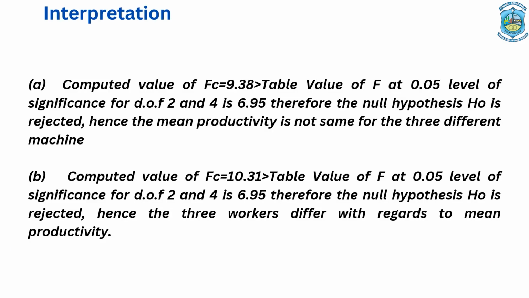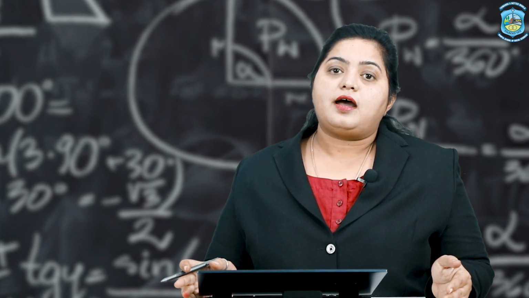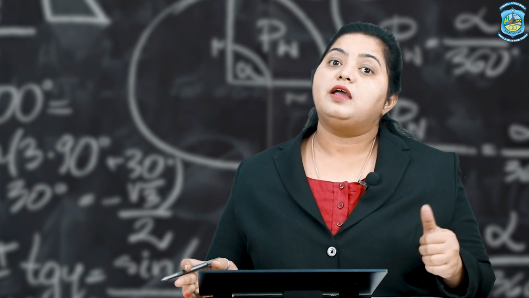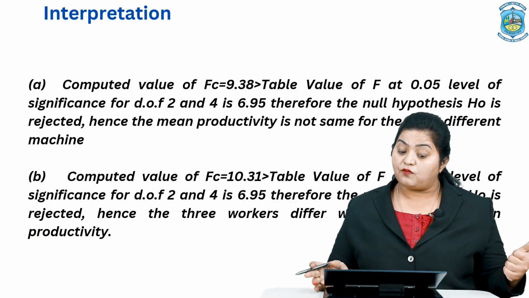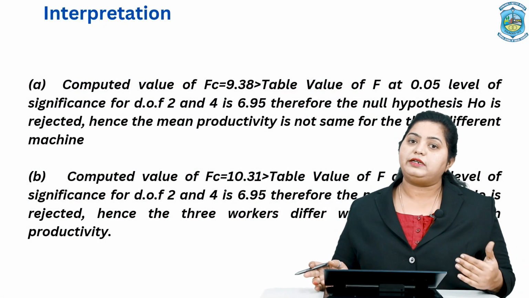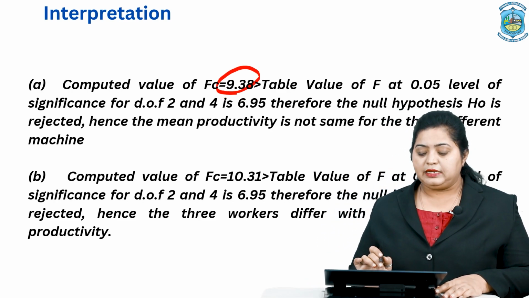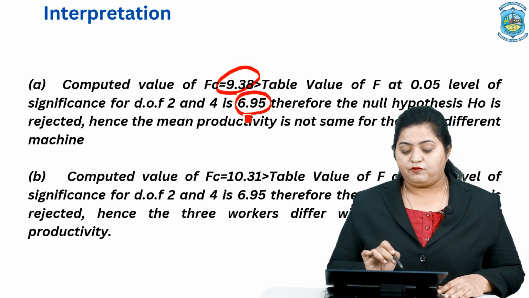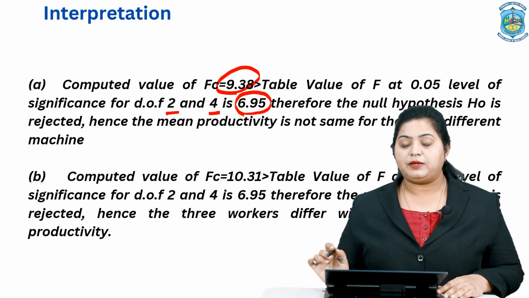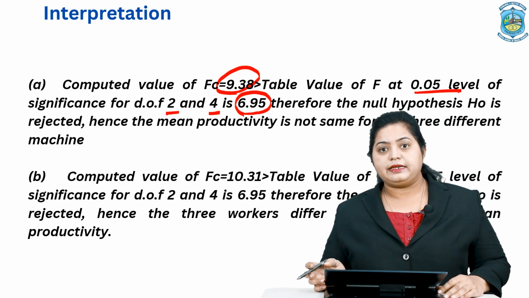Now the most important part of analysis of variance for two-way classification is to test our null hypothesis, which we already formulated at the beginning of the question. Now for the first hypothesis, our calculated value, that is FC, is 9.38, and the table value given in the question is 6.98 for degrees of freedom 2 and 4 at 5% level of significance. Now our calculated value is greater than the table value.